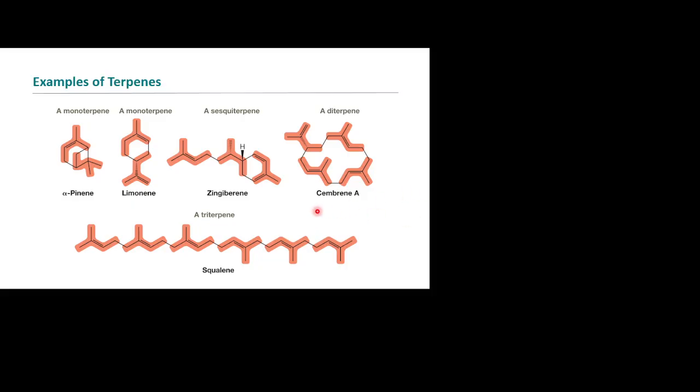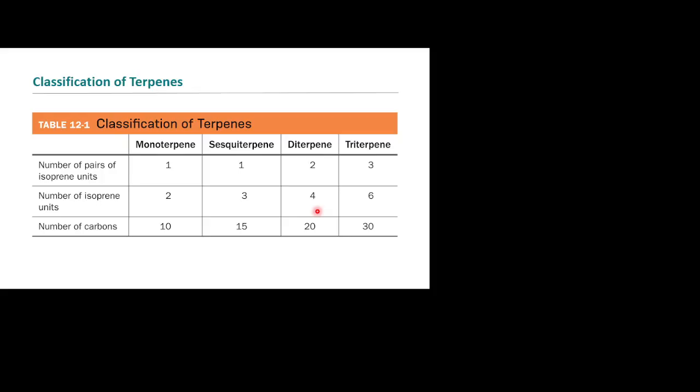Cool. So squalene, that was a precursor to lanostanol. That's actually what all steroids are derived from. And again, this is another terpene that we're talking about. This right here is the number of pairs of isoprene units. So for a monoterpene, it has one pair. That means two of those isoprene units.